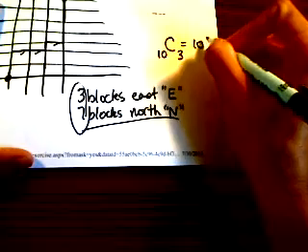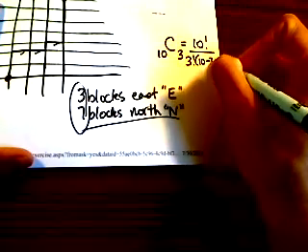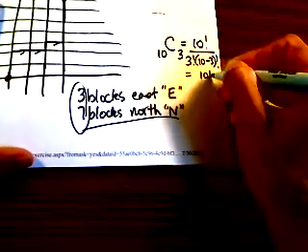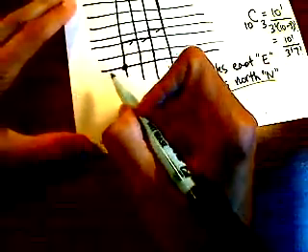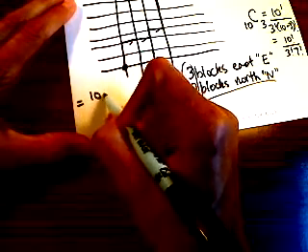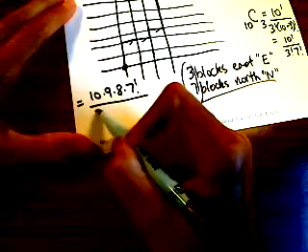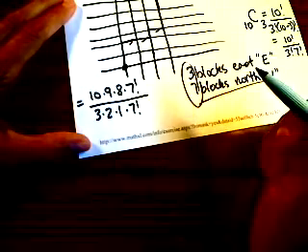If we simplify this, this is going to be 10 factorial over 3 factorial times 10 minus 3 factorial. And so that is 10 factorial over 3 factorial times 7 factorial. That's equal to 10 times 9 times 8 times 7 factorial over 3 times 2 times 1 times 7 factorial.